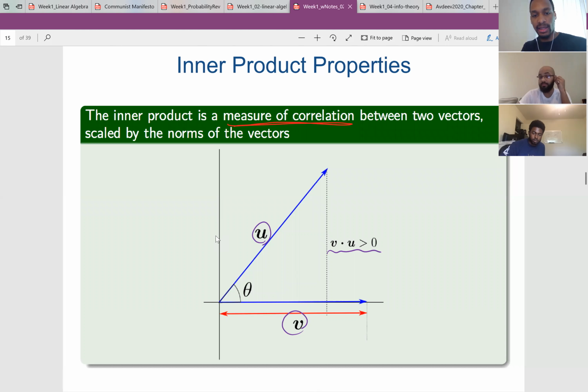For example, if these vectors have unit norm, then you can think of the inner product as basically projecting u down to v, and then multiplying by, it's kind of confusing. Let me think of a better way to explain that.